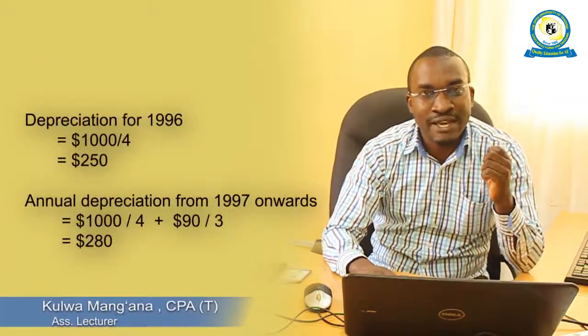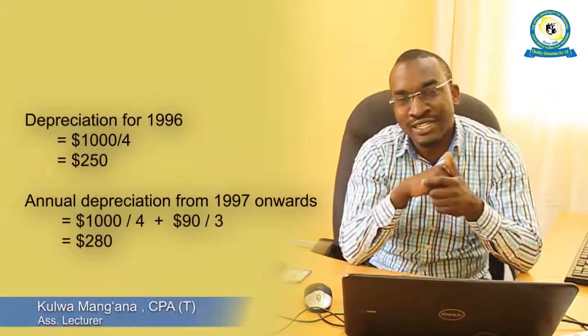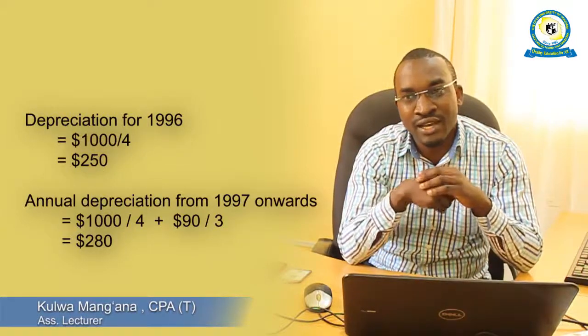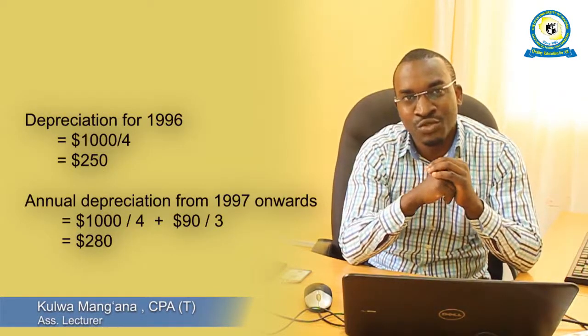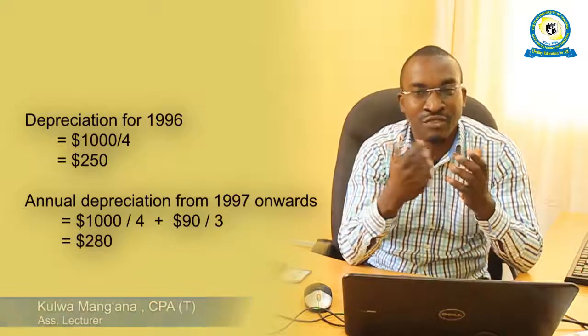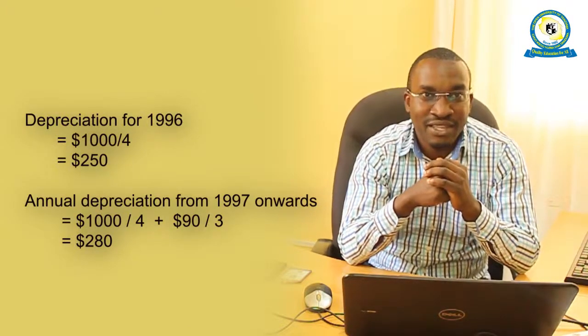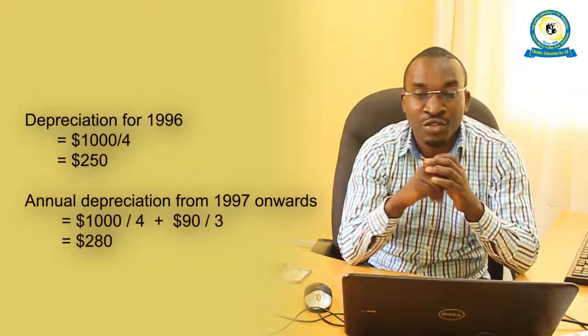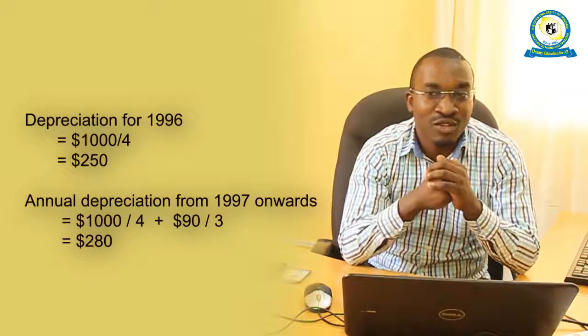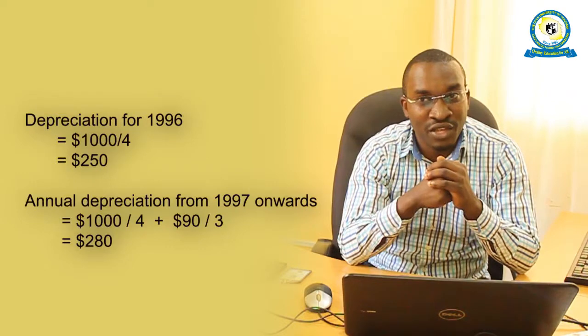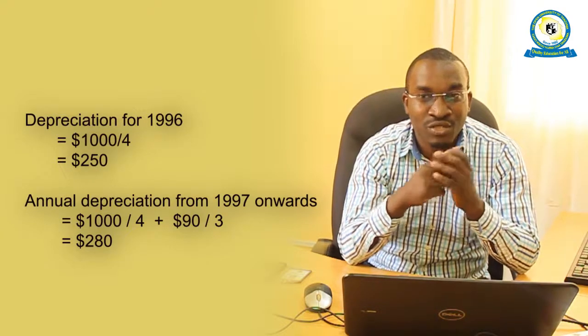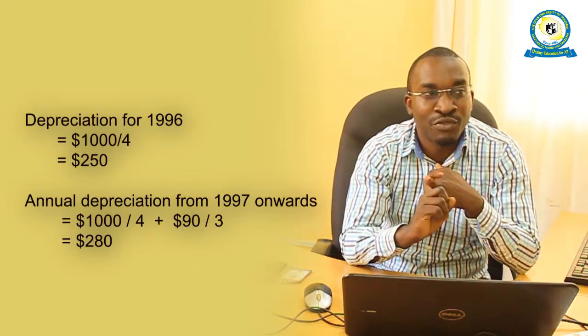Now, as you can see here, for depreciation for 1996, you're only going to take the cost of that asset, which was 1,000, divided by the 4 years. Estimated life was 4 years, from which you're going to get 250. But again, for the annual depreciation charge for 1997, you're going to have two elements. One, the element of the historical cost of that asset, which was 1,000 divided by 4 years.